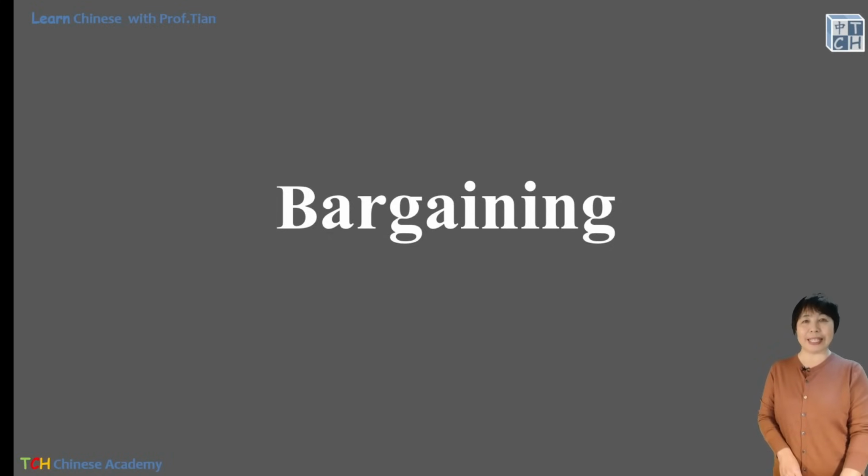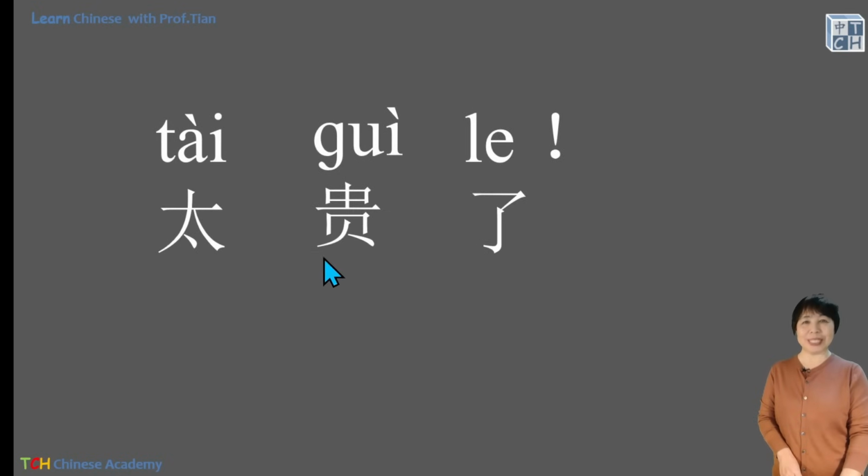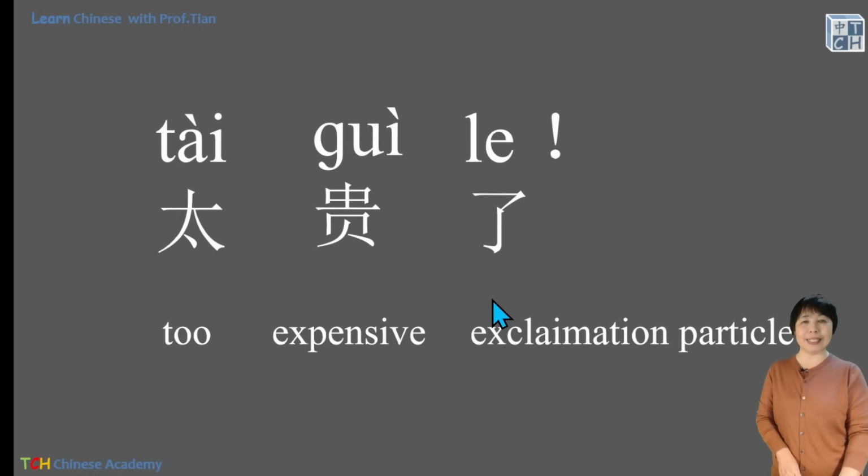And the first one is 太贵了. What does that mean? 太 means too much. 贵 is expensive. And 了 doesn't mean anything. It's just an exclamation particle at the end. It doesn't mean anything, but you cannot leave it out.